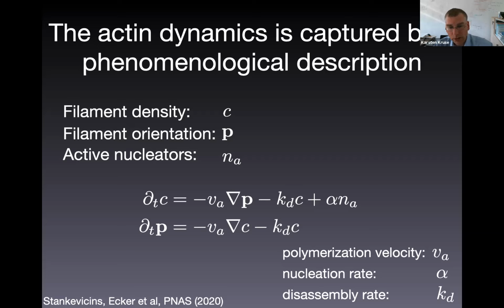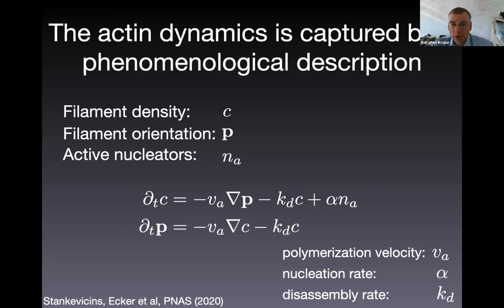And so the second term on the right-hand side of the first equation gives you this effect. Then we also have an effect of polymerization. So the filaments are assembled at their tips. And this is captured by this divergence of P that you see here.